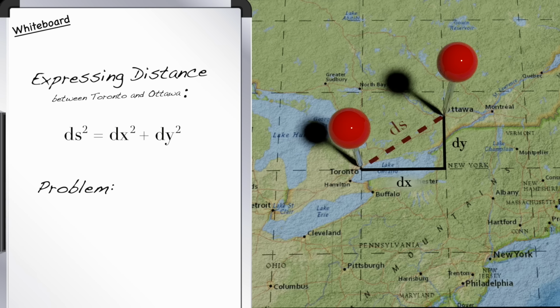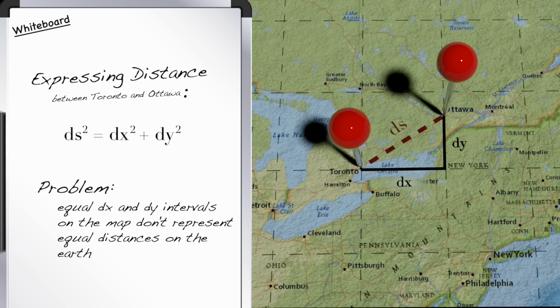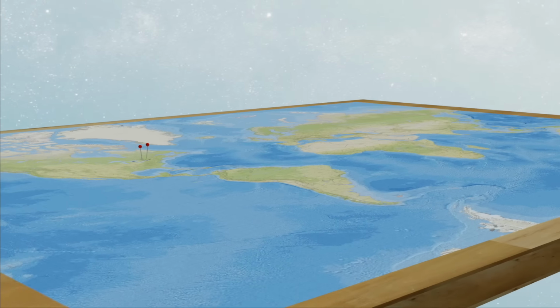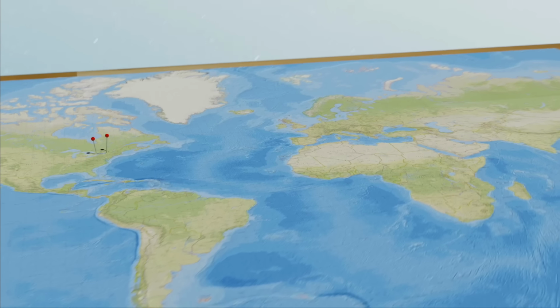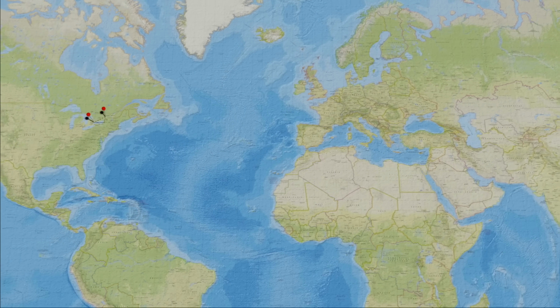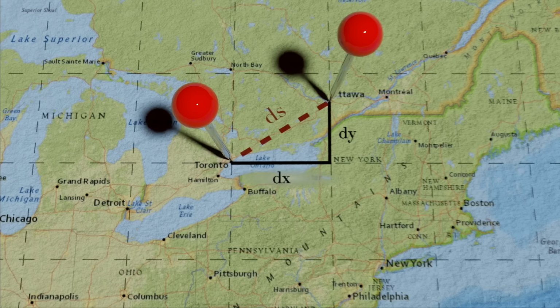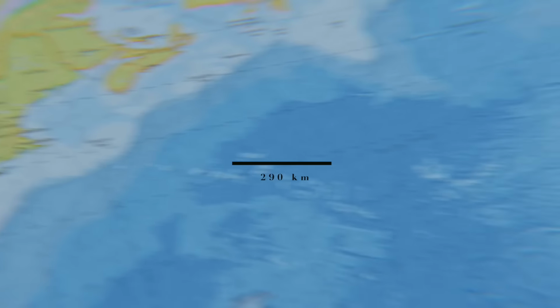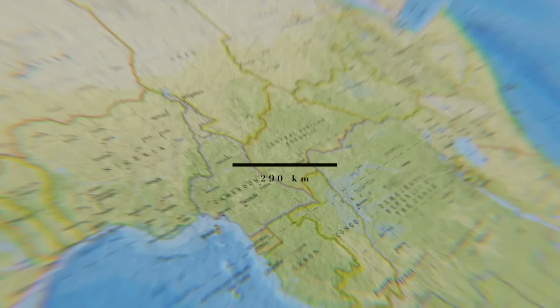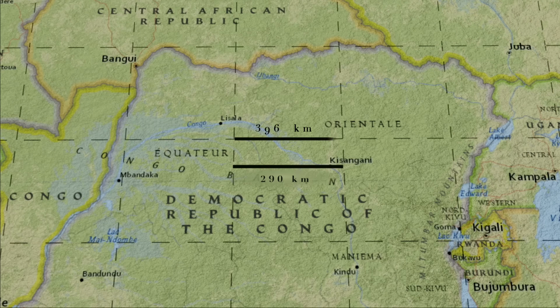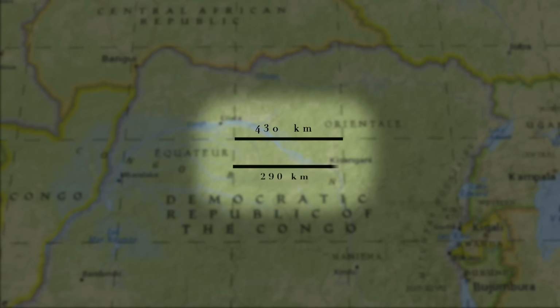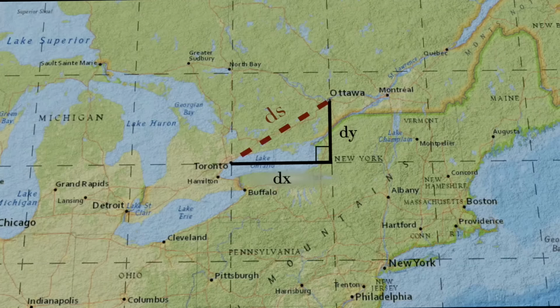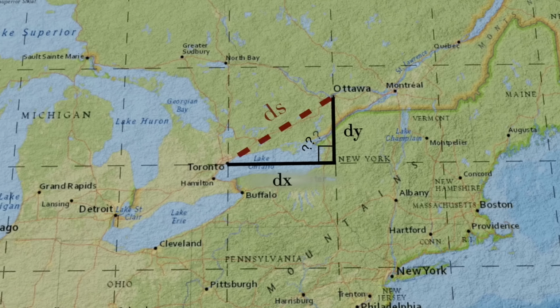But this won't yield the true distance between those locations, because for a map of something like the Earth, where a curved surface has been projected onto a flat one, an interval dx or dy here on the map doesn't represent the same distance as an interval dx or dy elsewhere on the map. Moreover, the true angle between dx and dy may not be 90 degrees.